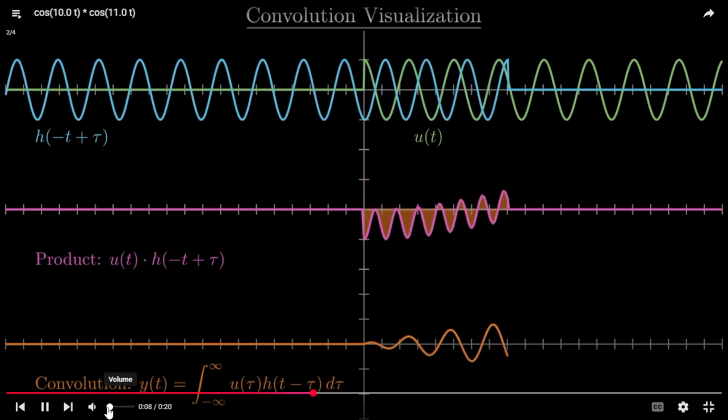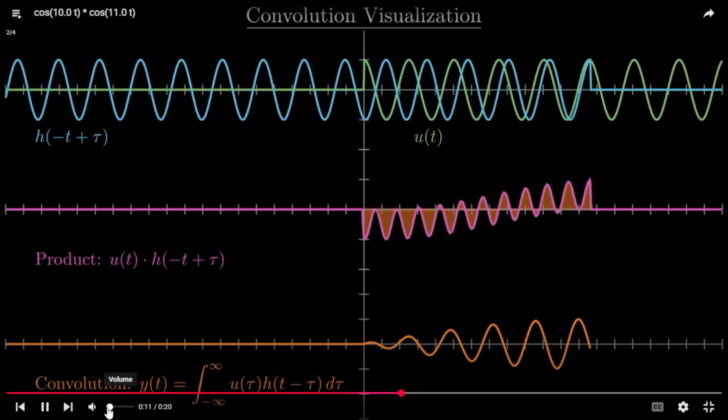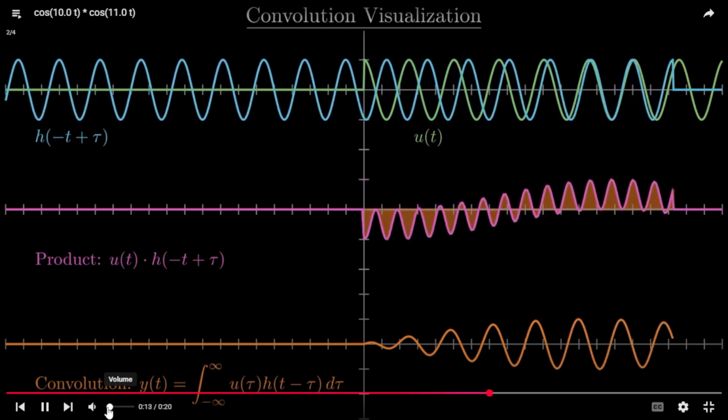Together? Are we together? No, it doesn't diverge. When does it diverge?